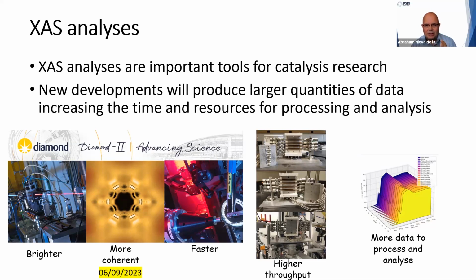These are one of the drivers of this. Also, the many proposals that we've seen in literature for higher throughput analysis reactors, like the one in the image. We had experience of that in the Catalysis hub with Xiaojun.